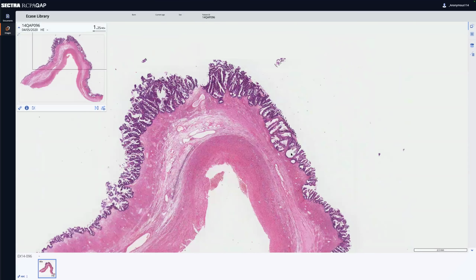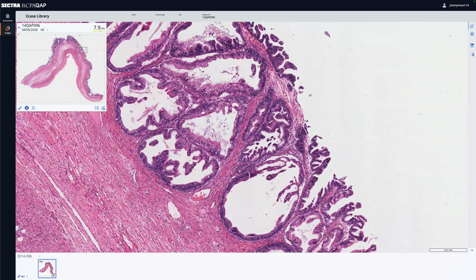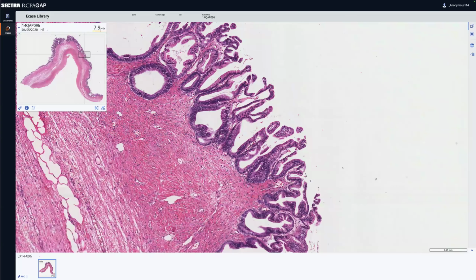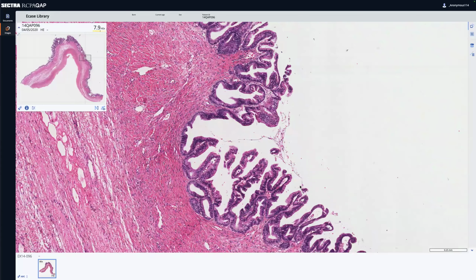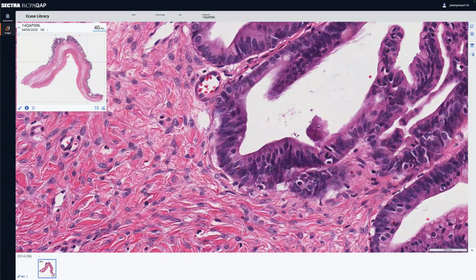Anyway, it's quite important to have a good look around. I was looking at those and thinking that they were pretty mucin poor. And I'm glad that you made that mistake of endometrioid, because mucin poor mucinous cells and endometrioid cells look very, very much the same.